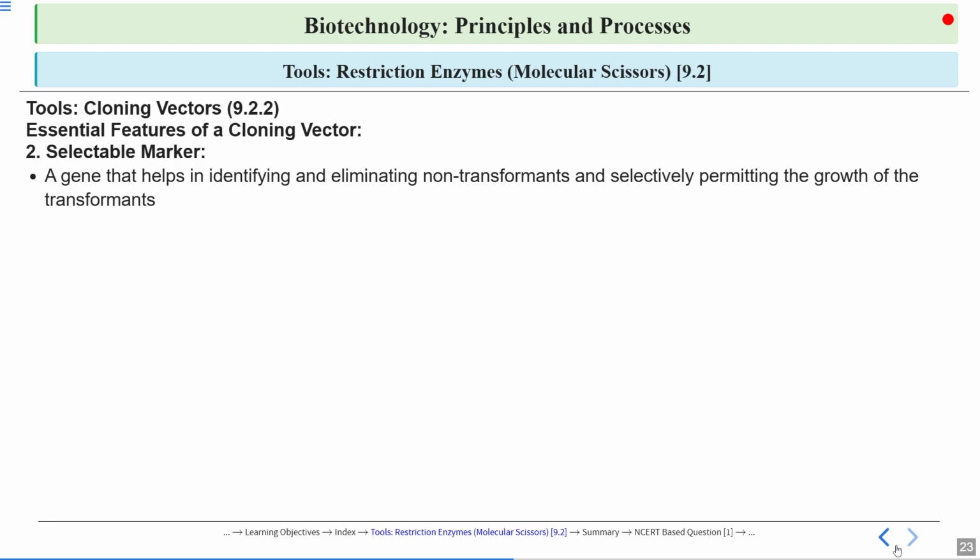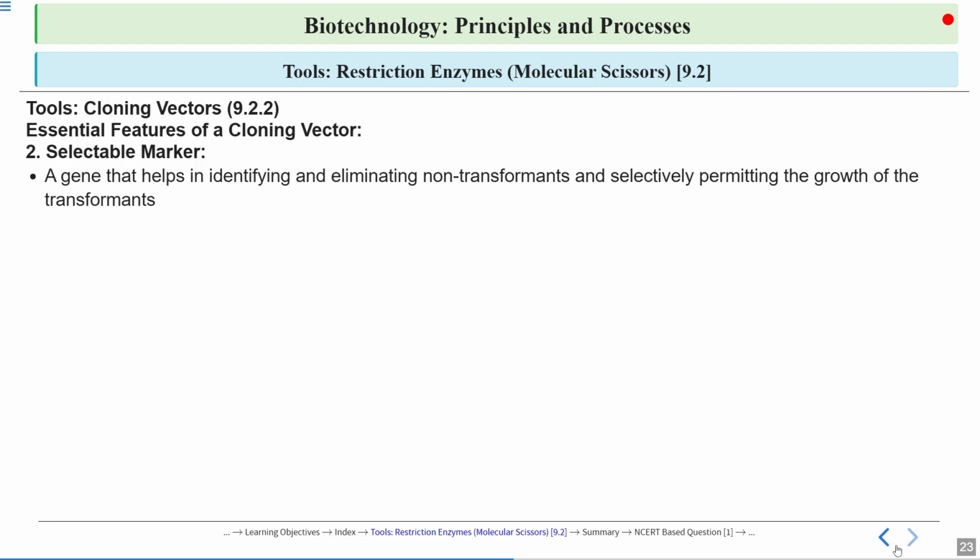So a selectable marker is a gene which helps us identify, because obviously when we insert our recombinant DNA into the host, it is not possible that every host is going to take it and replicate it. There will be some hosts that wouldn't be able to take up the recombinant DNA.